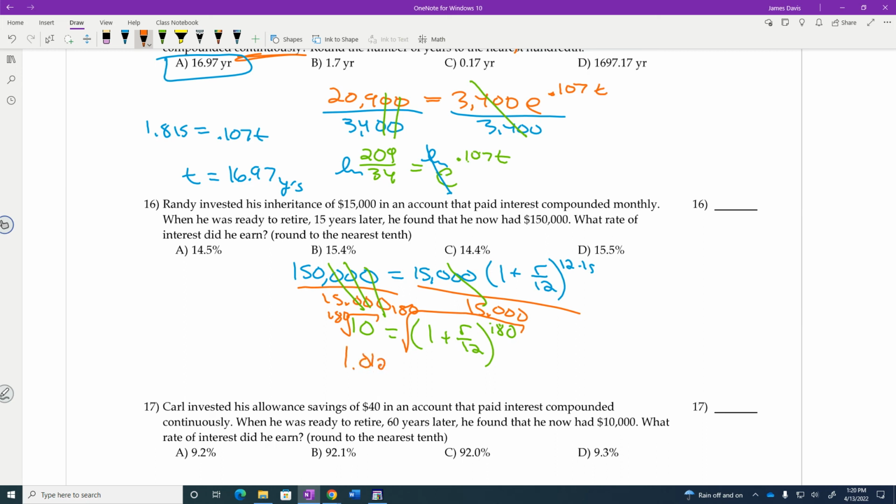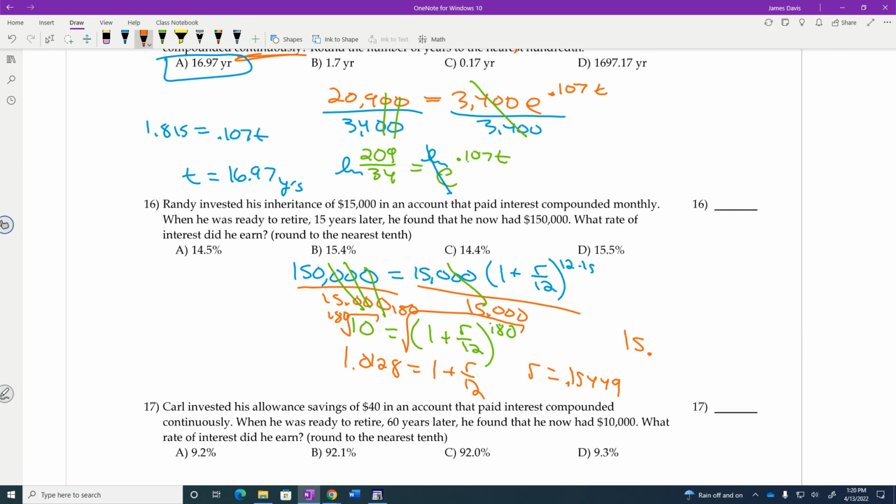Keep it in your calculator. That equals 1 plus r over 12. We then subtract the 1 first and multiply by 12. So r comes out to be 0.15449.